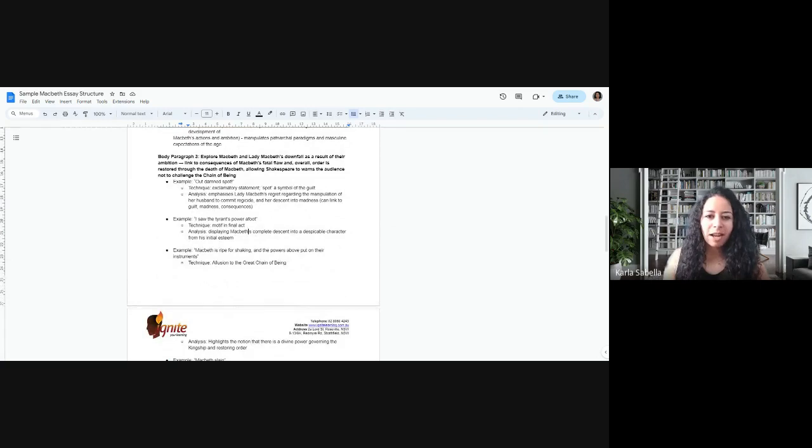And then the last one here, having a look at their downfall as a result of that ambition, right? You could link to the consequences of Macbeth's fatal flaw. And then the fact that Shakespeare's plays always end up with order being restored, right? That's where they all go. That's not as common with more modern texts, because things aren't necessarily wrapped up in a nice bow, like, oh great, now everything's morally right again.